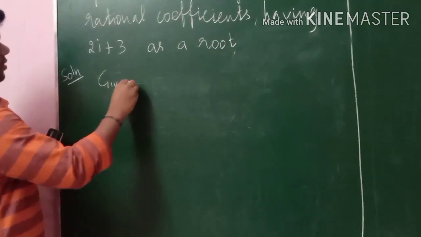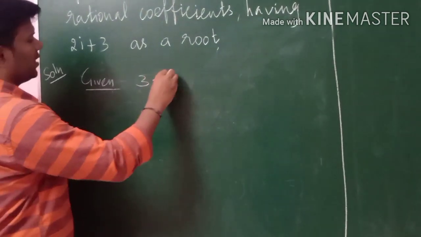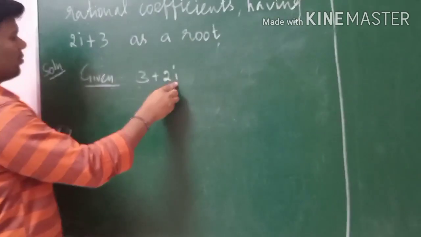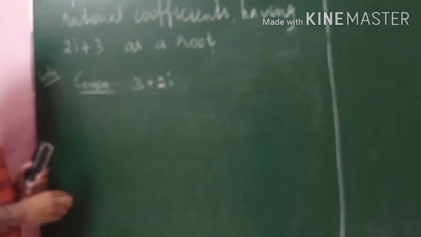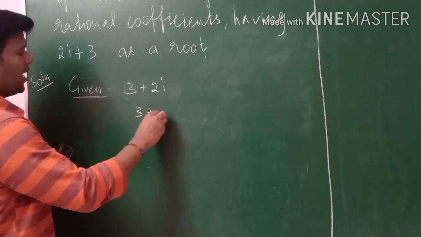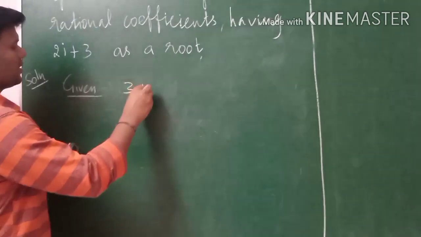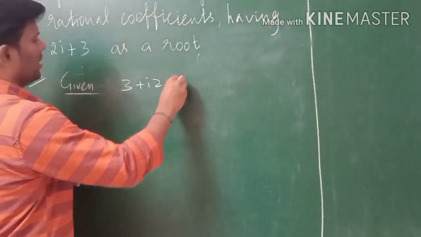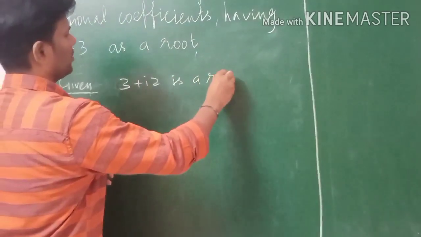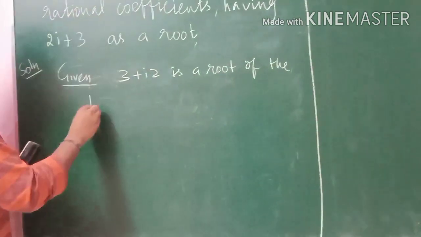So here, what is given? 2i plus 3 I can write as 3 plus 2i. Because when we take the conjugate, what do we do? We change the sign of the i term. So we can write 3 plus 2i, or 3 plus i2. So I can write 3 plus i2 is a root of the polynomial equation.